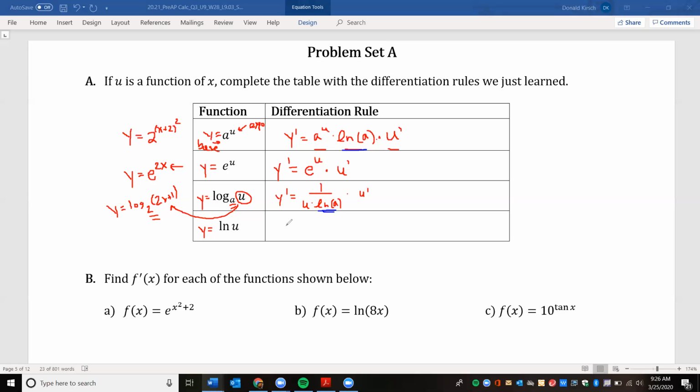So our derivative function for any natural log is just 1 over u times u prime. All right, and once again, this would be like for any function that has a natural log in it. So let's say natural log of, I don't know, x to the fourth over 3. Okay, any function really in there.